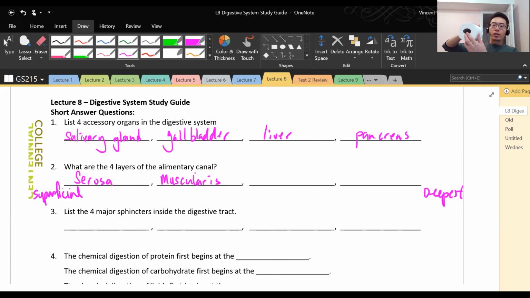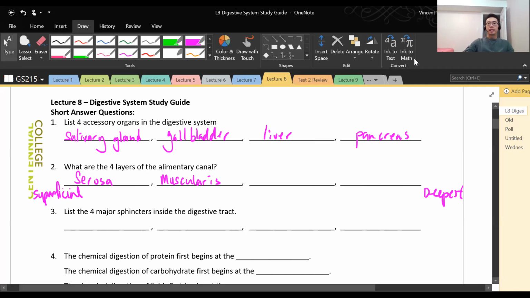So the circular muscle layer is going to be going around the canal like this, whereas the longitudinal is going to be running in this particular direction. So collectively, the two layers provide kind of like squeezing and pushing that propels the food forward in the alimentary canal.